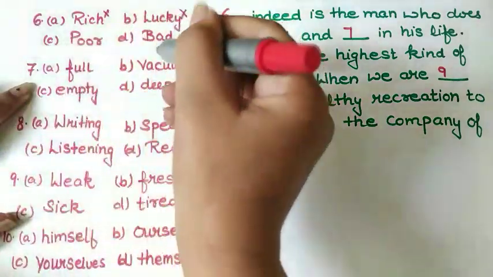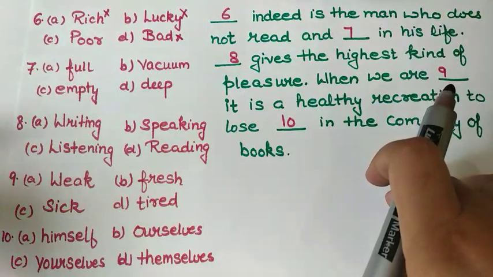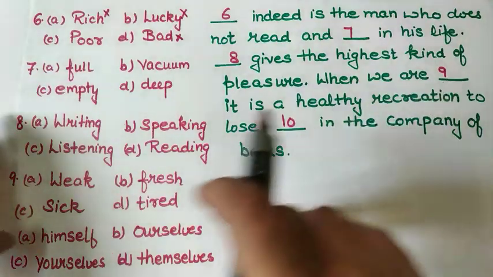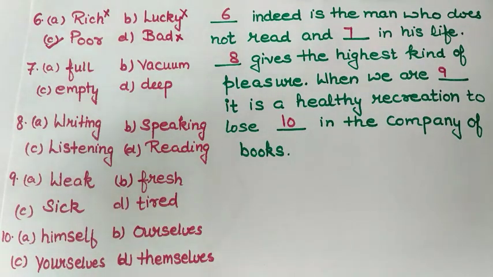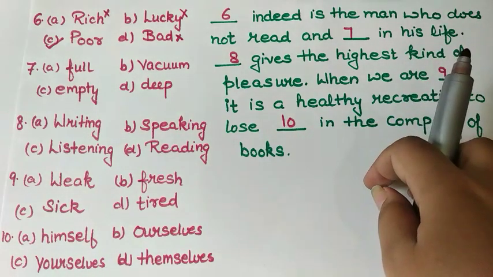We cannot say bad, because if somebody is not able to read, he or she is not necessarily bad, right? Poor, I can say. Poor indeed is the man who does not read. It means somewhere he is lacking this knowledge or concept that he should read anything that he wants to.